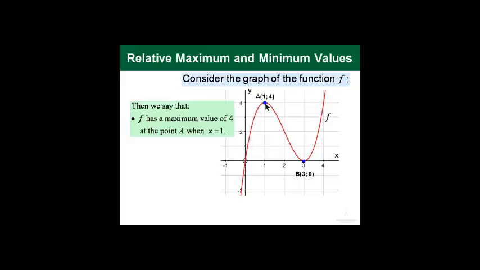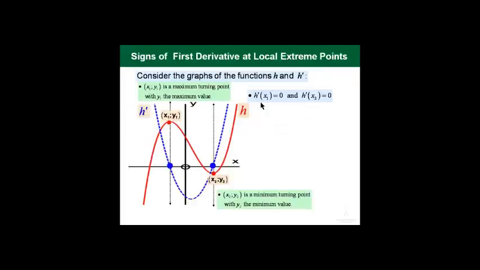In fact, it is referred to as a local or relative maximum at that particular point for this given function. The derivative of the function is 0 at the x values corresponding to the local extreme points, whether it's a maximum turning point or a minimum turning point. In both cases the derivatives are 0.